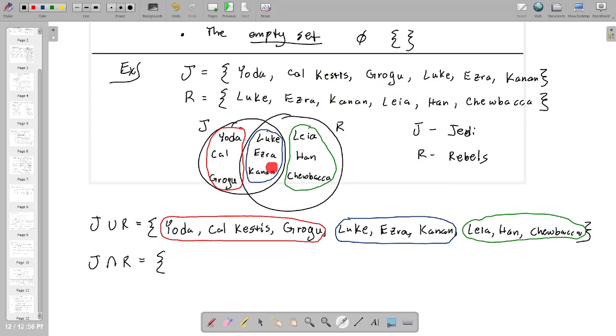As you can see in the picture, Luke, Ezra, Kanan is contained in both the R set, the R circle, and the J set, the J circle. So this set will be Luke, Ezra, and Kanan. And that's it. They have to be contained in both. That would be the intersection.